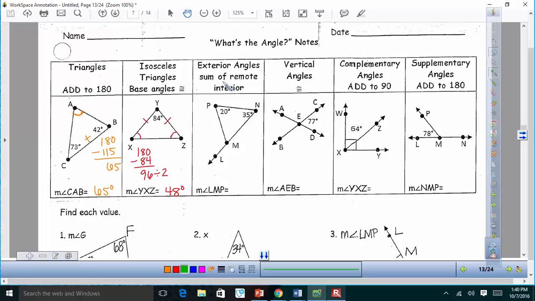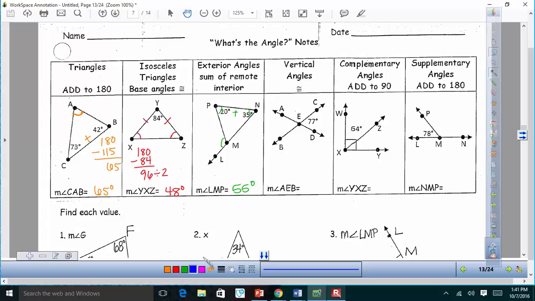And then the exterior angle theorem that we just learned tells me that the two remote angles, which are P and N, should add to equal the exterior angle, LMP. So all I'd have to do here is add 20 plus 35, which would give me 55 degrees.